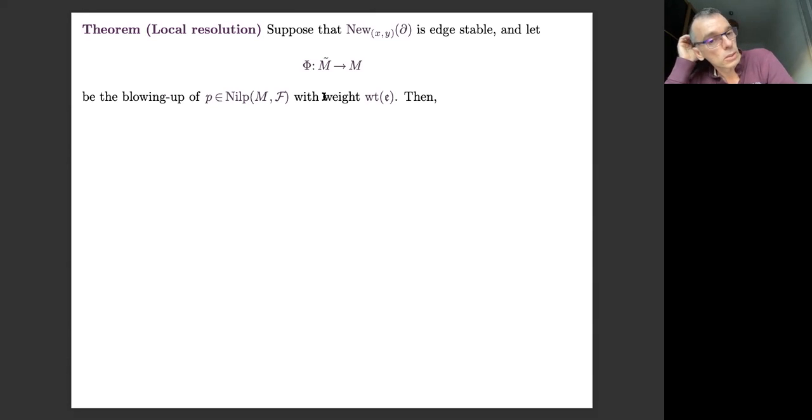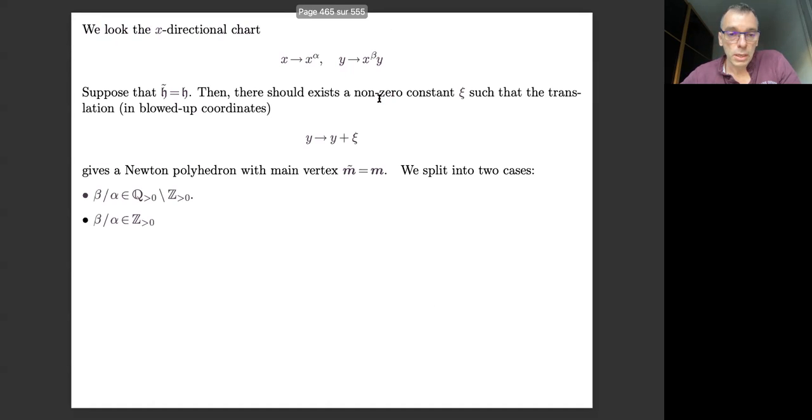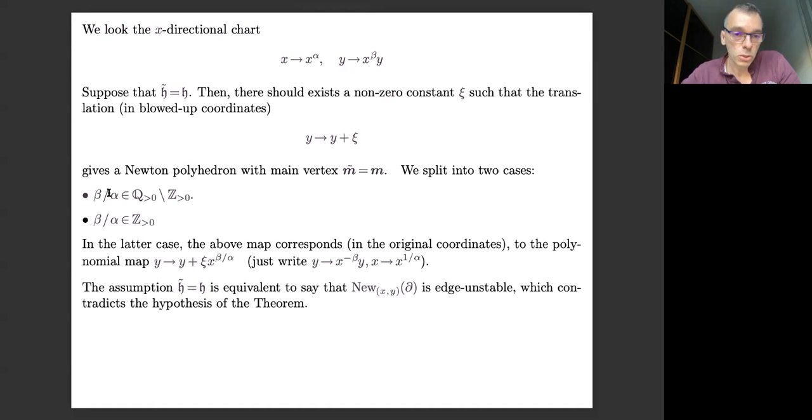What I proved last time says that once you get a stable situation, then the environment improves if you apply this local strategy, which consists of blowing up with the weight, or more precisely with the filtration determined by the weight associated to the slope of the edge E, right? Okay, so I'm not going to go back to this reasoning here, but I'm showing you that essentially there are these two cases.